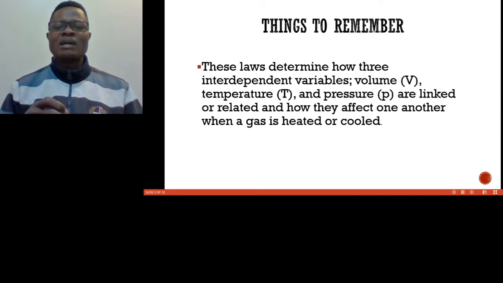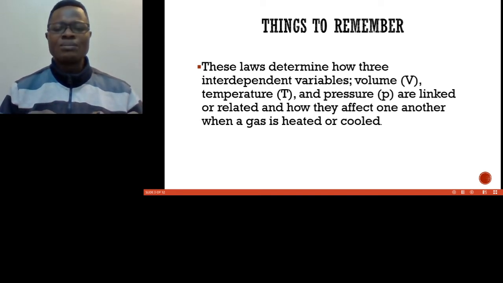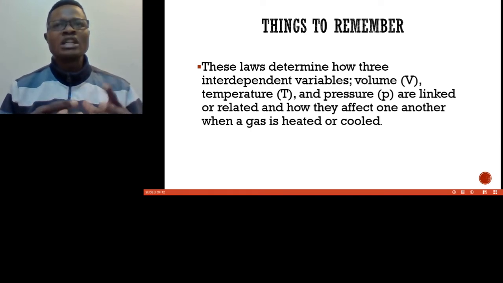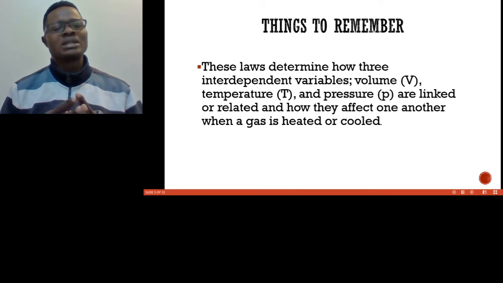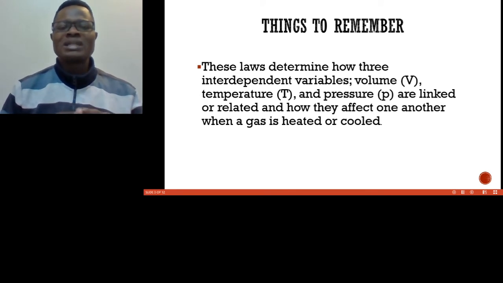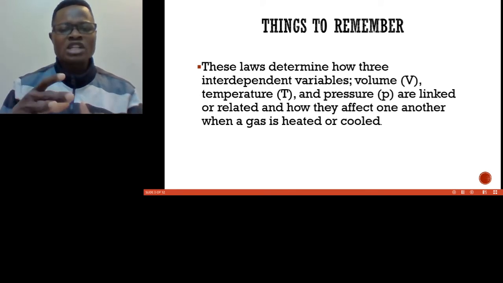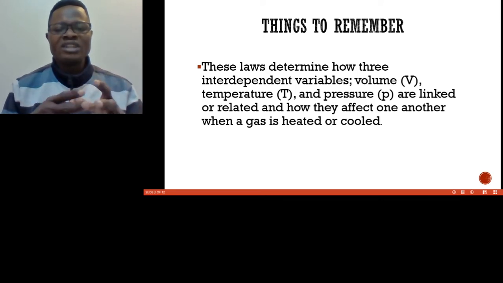A gas can be heated or a gas can be cooled, and if this happens, the volume increases or the volume decreases. It could be that the temperature or the pressure or even the volume is constant, depending on the law we are applying.